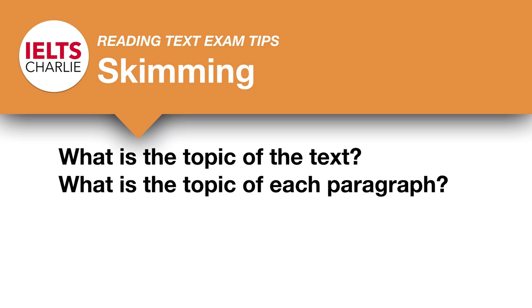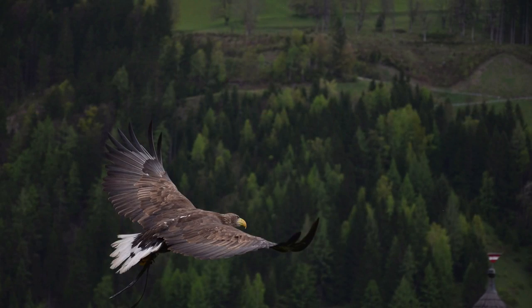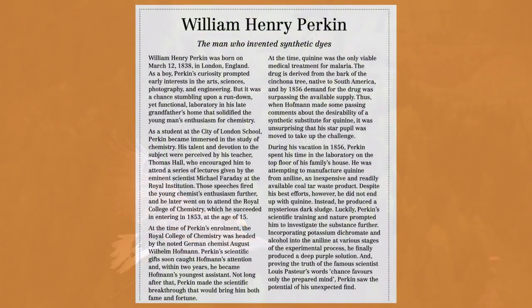And you're basically going to try to build kind of like a bird's eye view of the text. A sort of very high up view of the text. Basically so you can see where everything is. You're kind of trying to build a map of the text so you know what's in each paragraph, what each paragraph is about, and what the text is about.